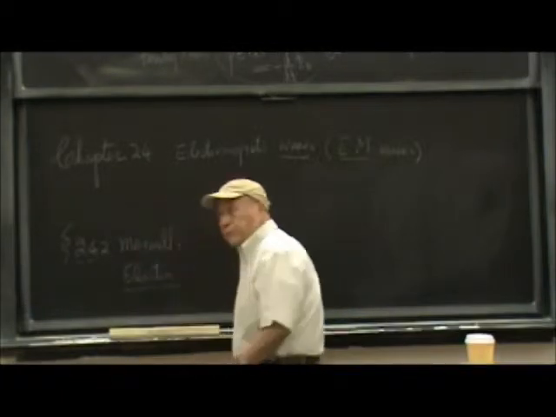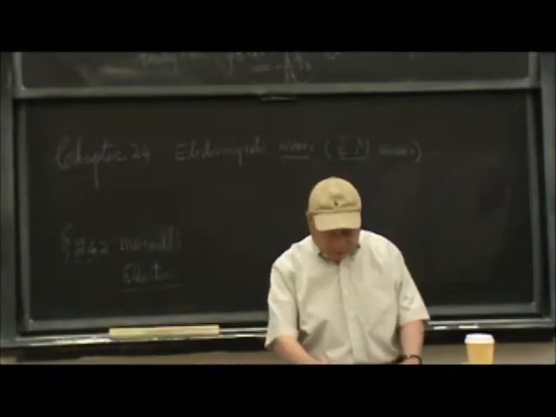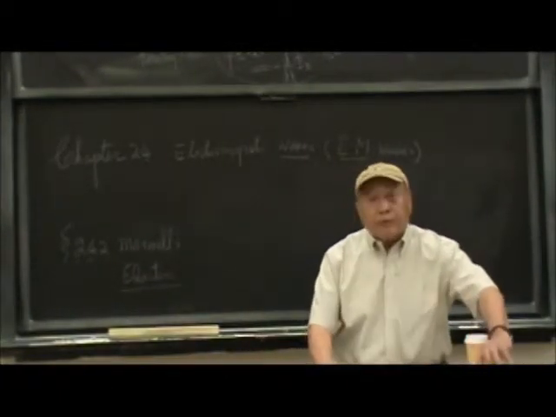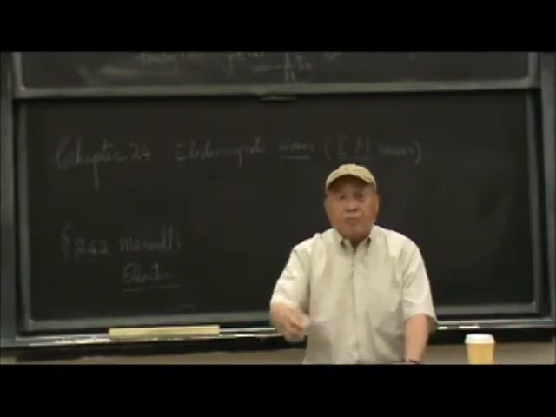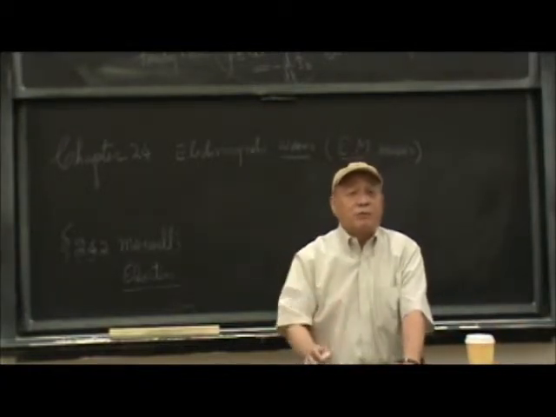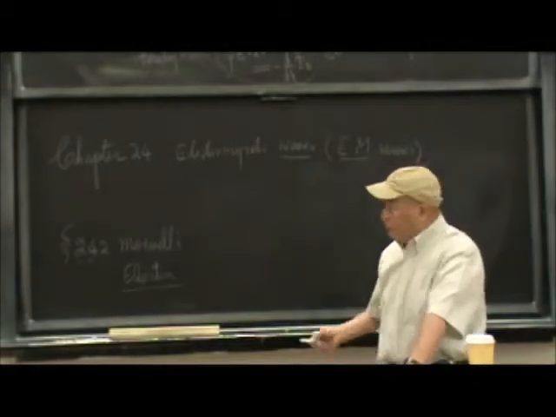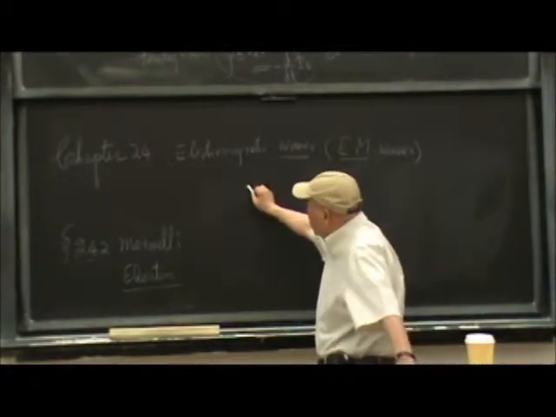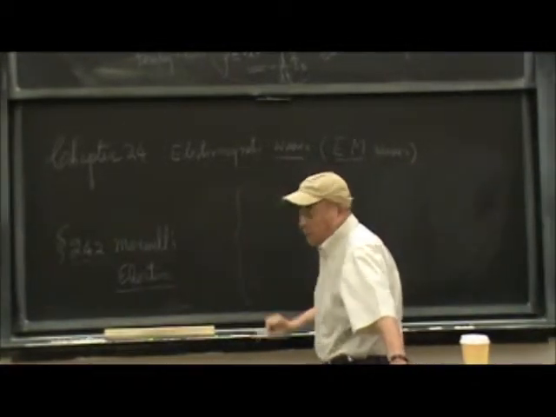A lot of PhD people in physics, in engineering, in many different fields, have the job of trying to solve the Maxwell equations. The Maxwell equations are grouped in four.